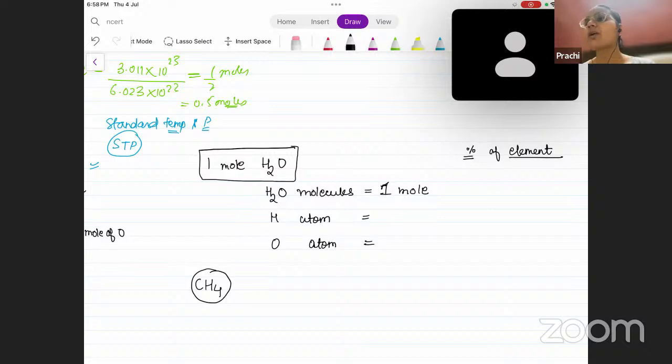So now if somebody asks you what is the mole of hydrogen atom here, quickly tell me what will be the moles of hydrogen atom in 1 mole of water. From here, what you can see is that 1 molecule of water has 2 hydrogen atoms, right?